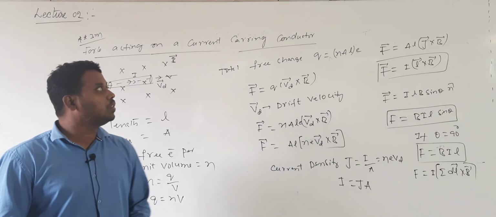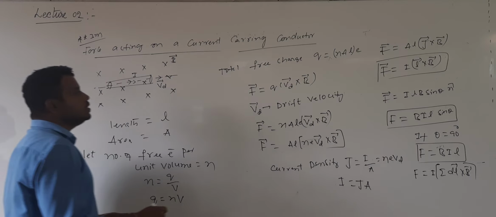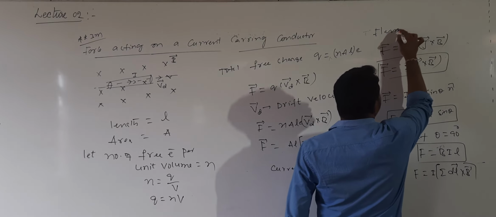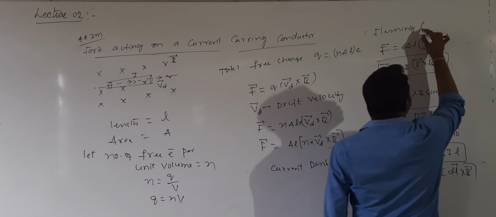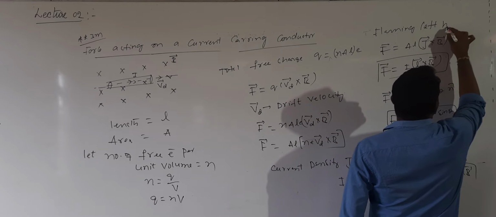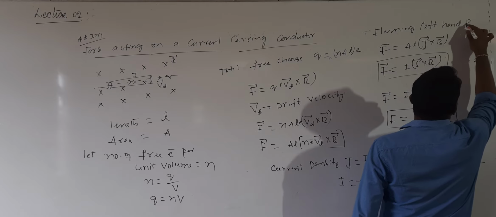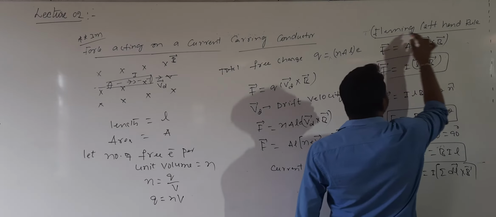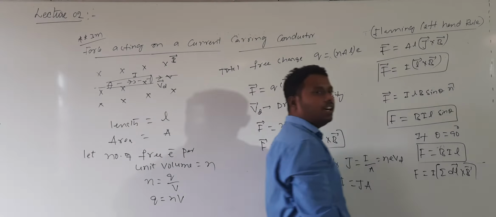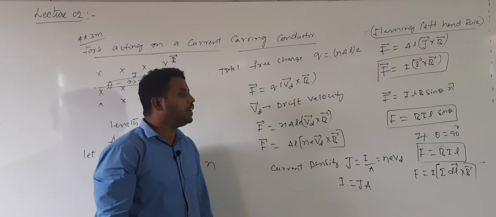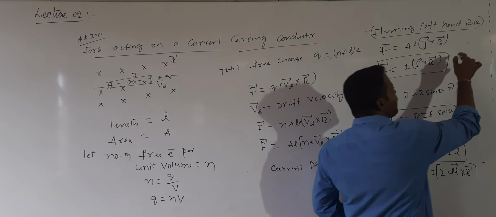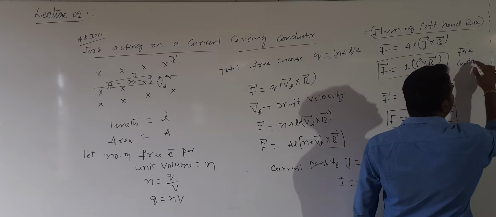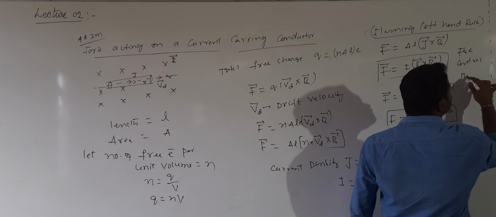The direction of this force can also be calculated by using Fleming's left hand rule. So the direction will be given by which rule? Fleming's left hand rule can be applicable for finding the direction of the force acting on a current carrying conductor. According to that rule, the three fingers are mutually perpendicular: the forefinger, the central finger and the thumb.